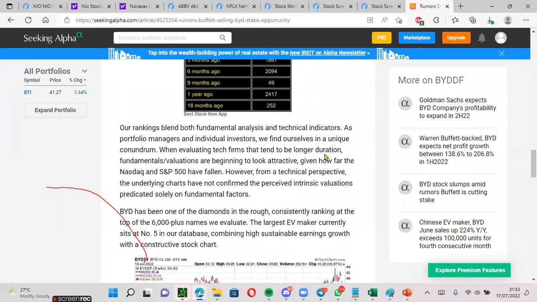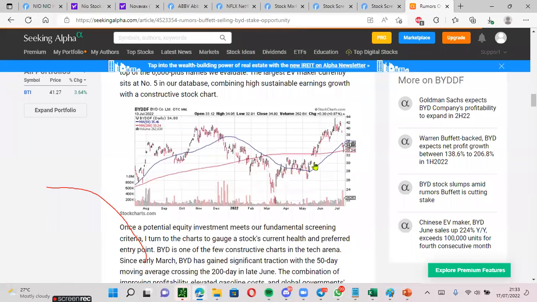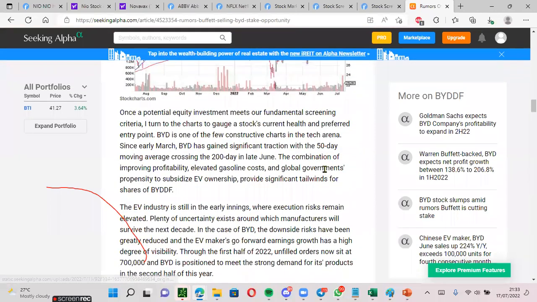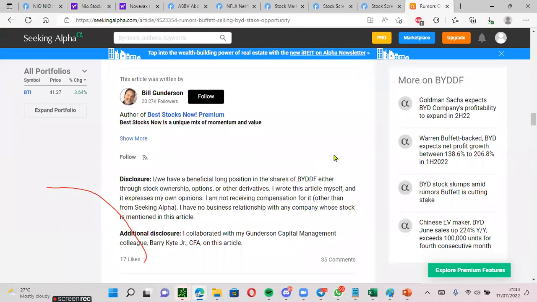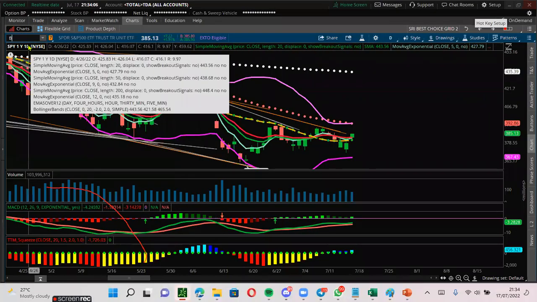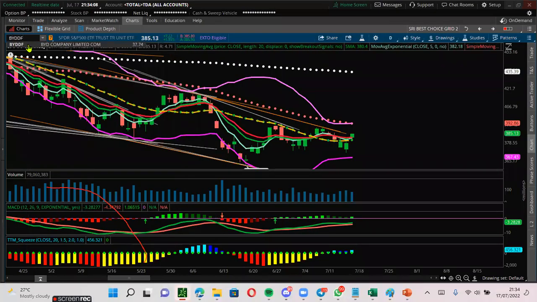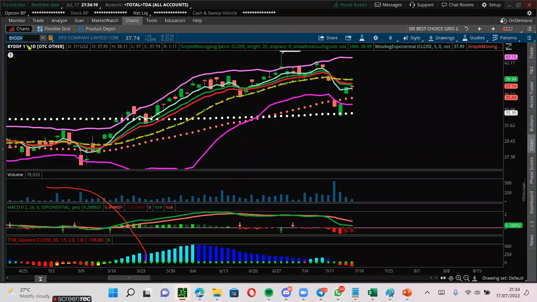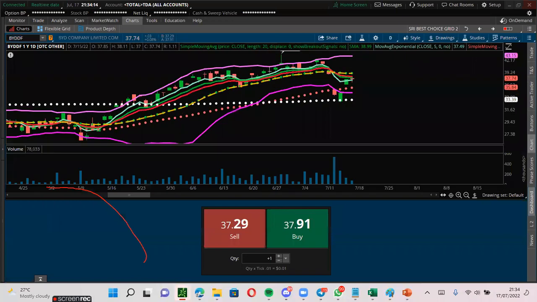So is this US listed or no? No, it's Hong Kong. I think the actual stock is BYD, but the fund is BYDDF. So that's why I was wondering if we can have a look. Oh yeah, BYDDF, I can trade.